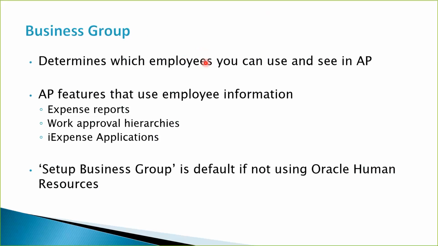So for example, maybe before a payment is made, it has to be approved by a manager of a certain seniority. Then you will require that employee information, so that you can see that that manager is allowed to make those approvals or something like that.